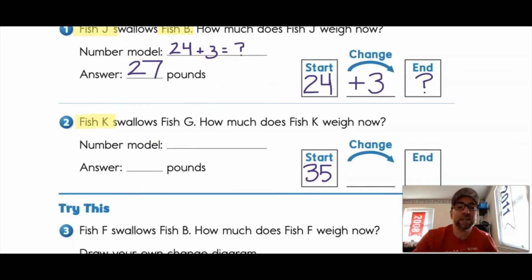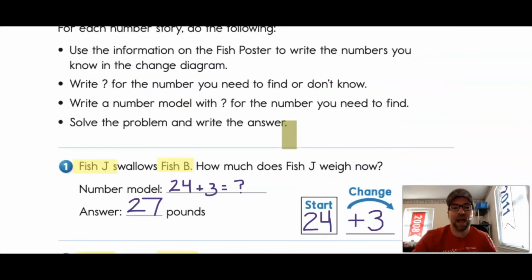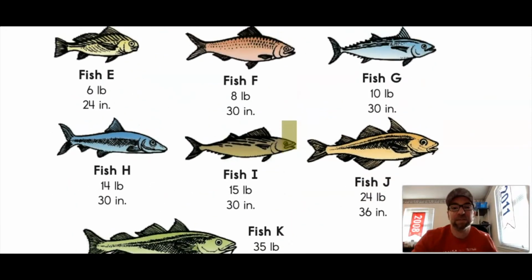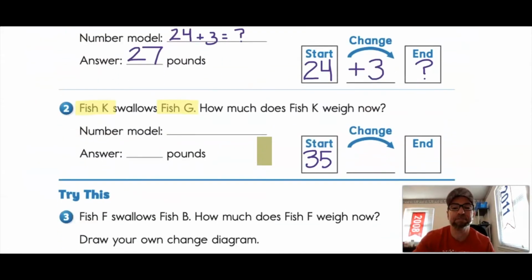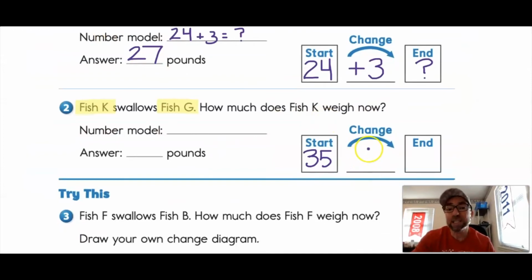But our story continues. Fish K swallows fish G. How much does fish G weigh? Well, let's look at our fish poster. Fish G weighs, there it is, 10 pounds. Now, because he swallowed it and ate it, fish K is going to weigh more. This is a change to more story, so we're going to add a plus sign. Now, I'm going to put a question mark because I don't know the answer yet.